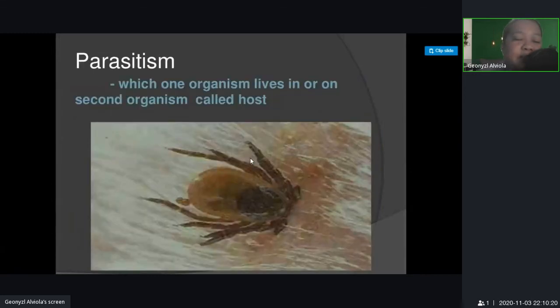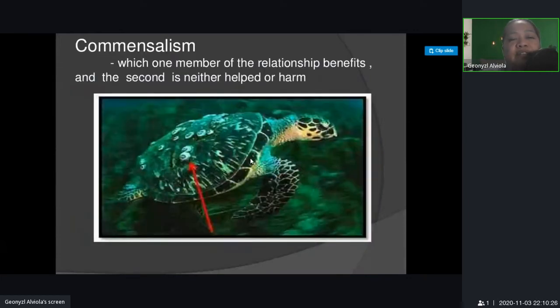This is an example of parasitism, the tick on a large vertebrate. We have another commensalism, the barnacle. The barnacle in a smaller population may not have a harmful effect on a certain sea turtle. But if the population of barnacles overpopulates, the shell becomes heavier and the turtle will have a hard time swimming.